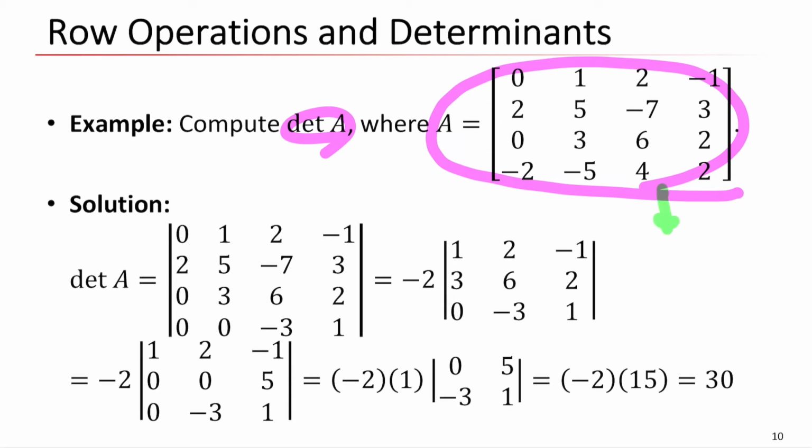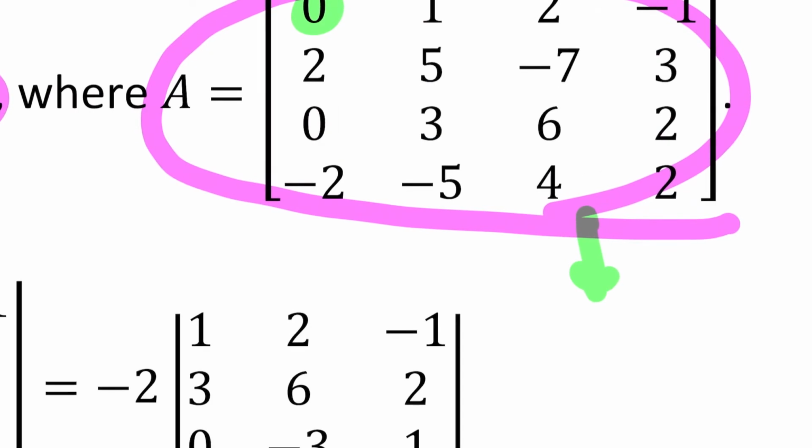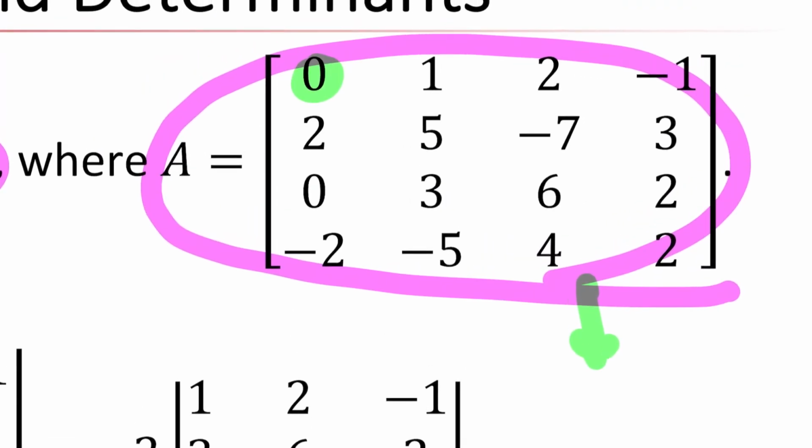Then how can we do that? Because this term is 0, we have to replace row 1 and row 2, then derive the echelon form of the matrix A.